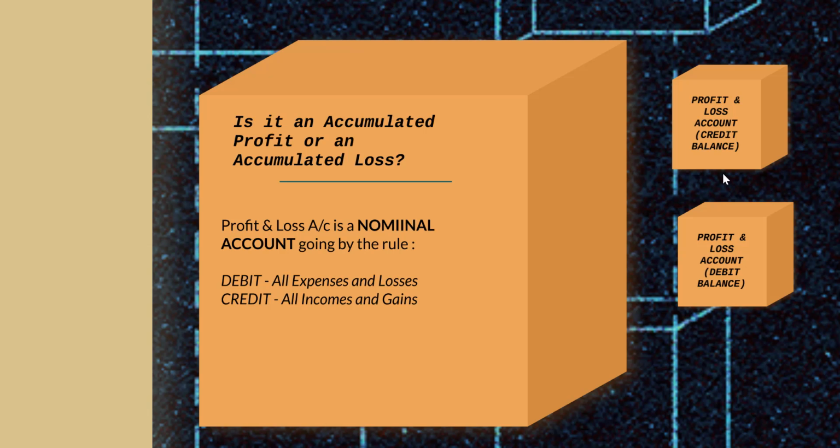Profit and loss account itself is a nominal account going by the rule debit all expenses and losses and credit all incomes and gains. So by this rule, any P&L account having a credit balance will be a profit, and any profit and loss account with a debit balance will be a loss.